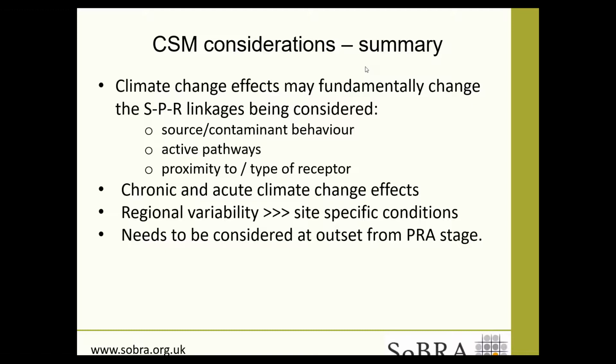Changes to the CSM components as a result of climate change could be chronic, so long duration processes. For example, this could be risk to groundwater from ongoing leaching as a result of groundwater levels rising due to increased average annual rainfall, or they could be more acute rapid events, such as the erosion of the source area due to a period of intense rainfall or drought.